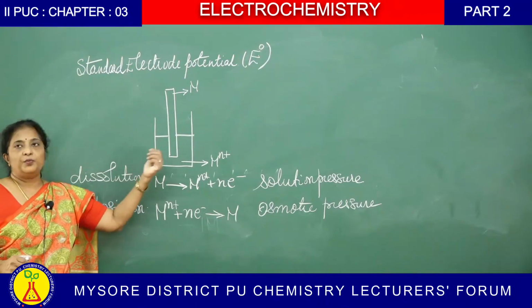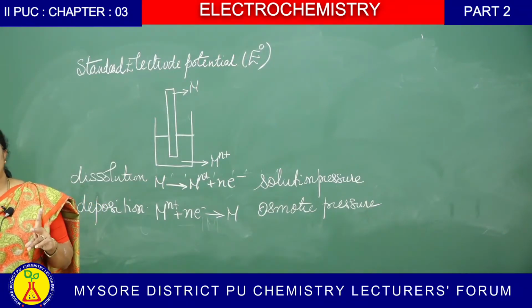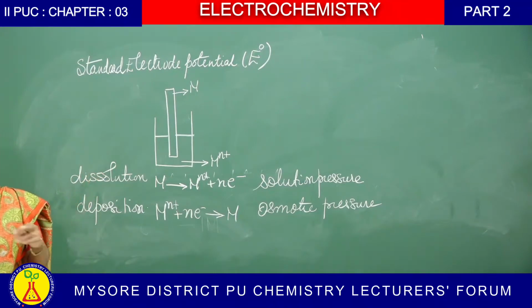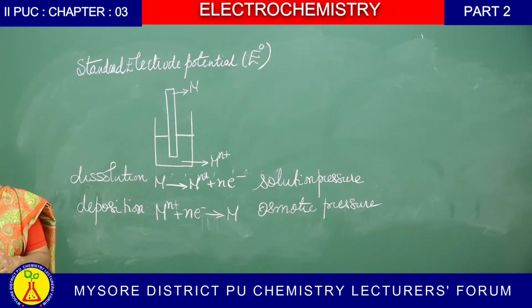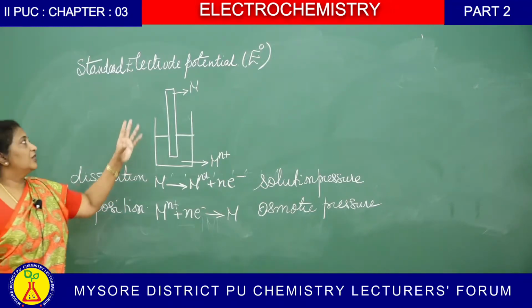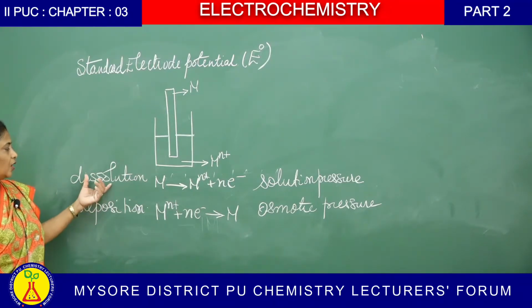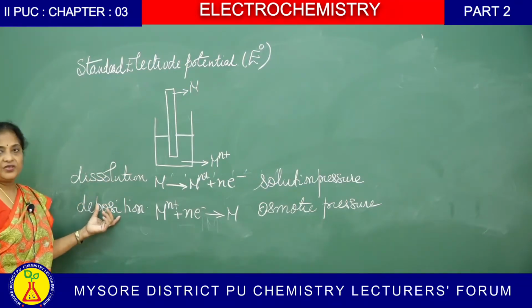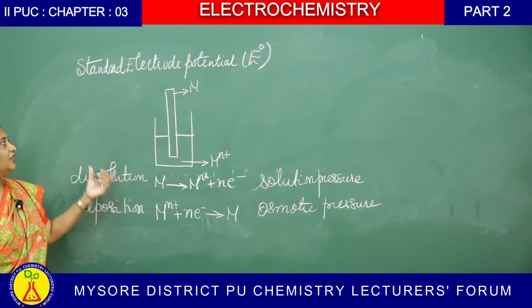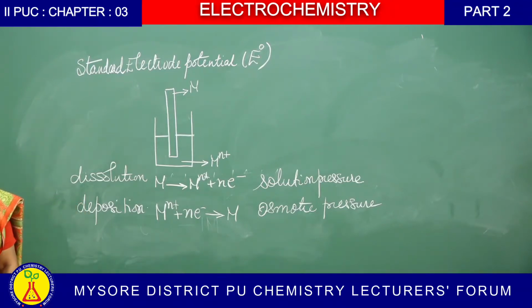So, when you place a metal in its solution, there are two forces: the solution pressure and the osmotic pressure. There is a competition between the dissolution process and the deposition process, and that competition is responsible for the development of the potential at the electrodes.